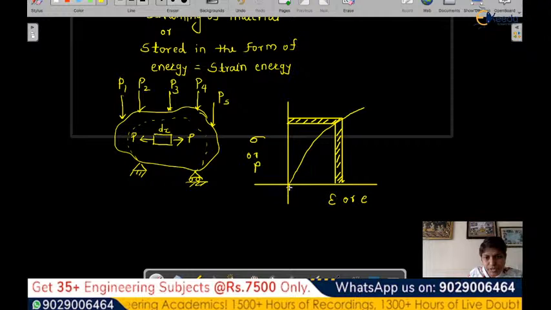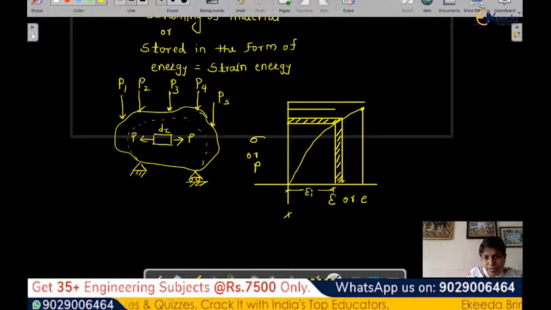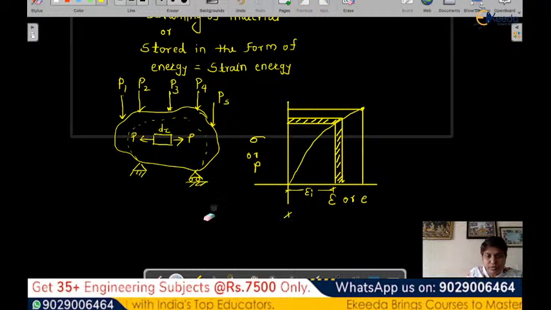This is the strain in the small portion, and this is the total strain, the maximum straining capacity, and this is the total stress, the maximum stress capacity.